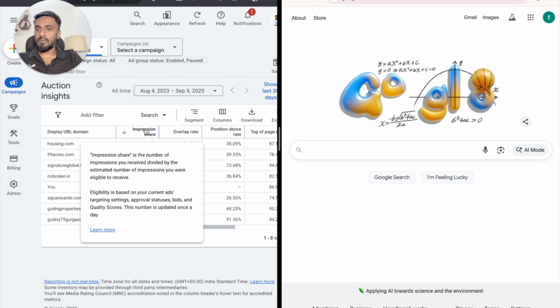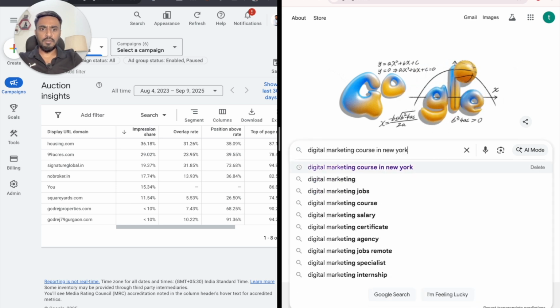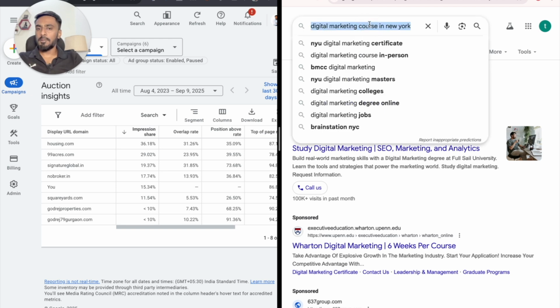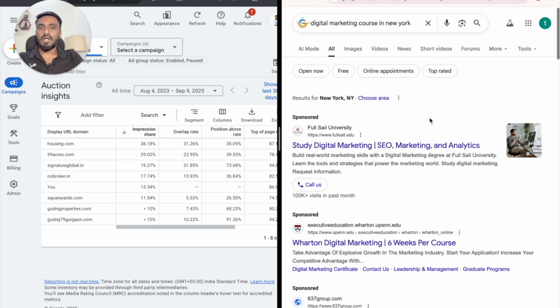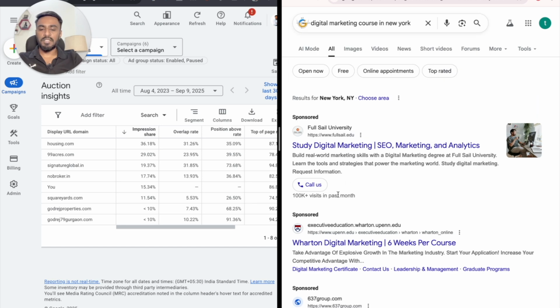First we have to understand what the impression share is. Whenever I write on Google "digital marketing course in New York", let's assume the keyword volume for a day is 1000, which means 1000 people are searching for digital marketing course in New York. Now assume that out of these 1000 times, only 100 times our ad was visible on Google.